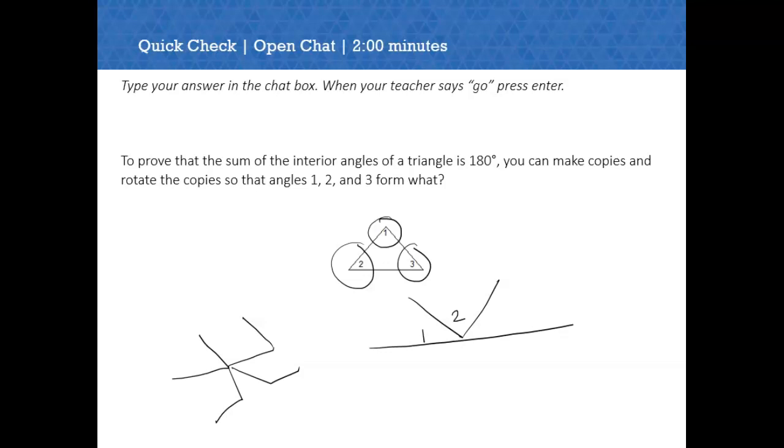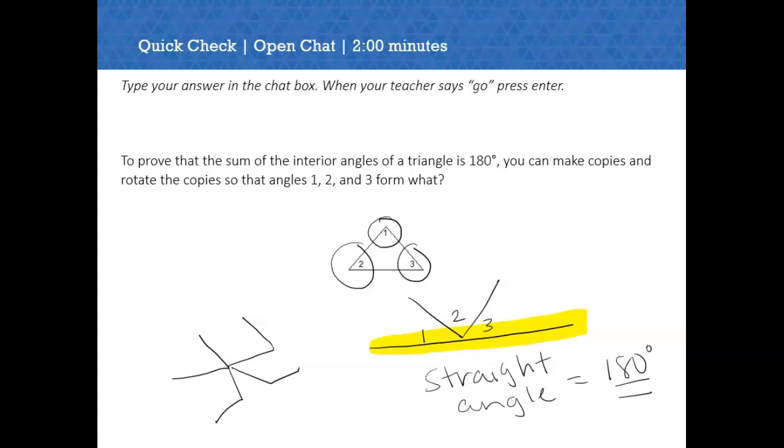angle 1, 2, 3, and it may be different, but when we line them all up, 1, 2, 3, they form a straight angle. So if we look at all of it together, it formed that line, a straight angle, and that is 180 degrees.